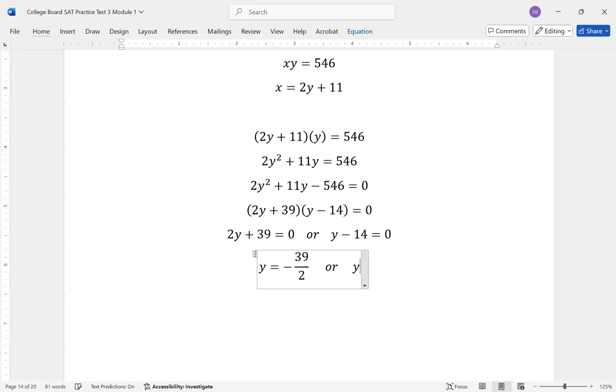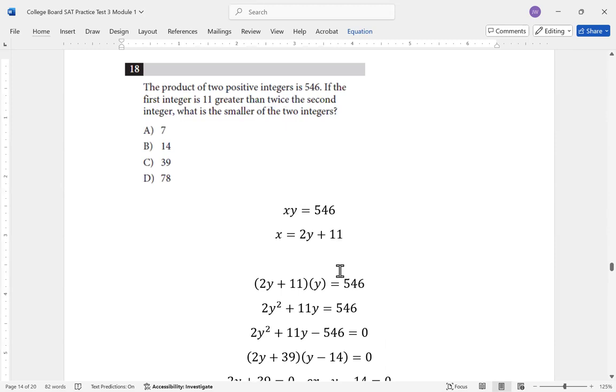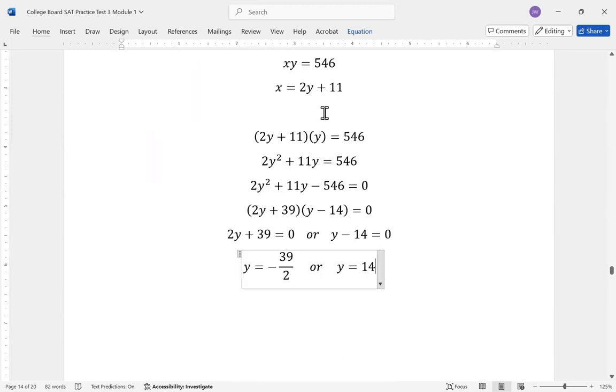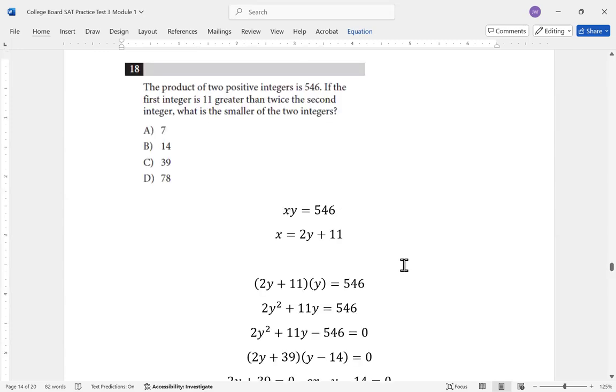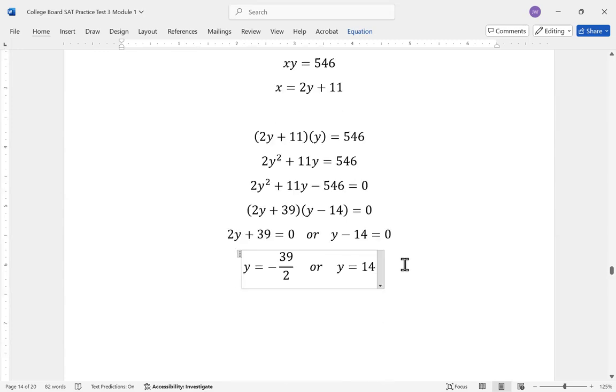The second option gives me y equals 14. Now, the only one that I can use is y equals 14 because it says the two integers are positive. So the product of two positive integers is 546. And so y equals 14 is the answer there.